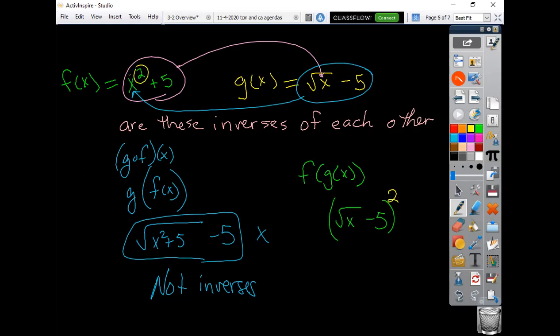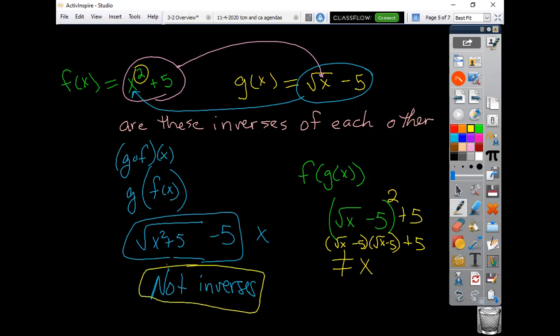And then I have this plus 5 afterwards. So this one, you could work this out, but again, this is not going to simplify down to just an x because of this squared. You've got to FOIL this whole thing out, and then plus 5. And so this is going to have some square roots left in it, some other stuff. So these are not inverses of each other.